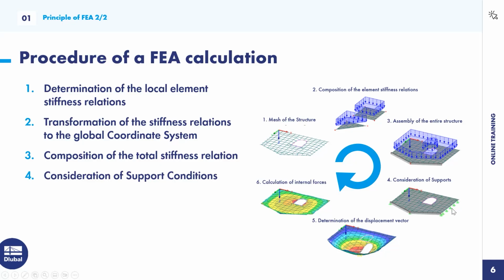And this line support is fixed in Z direction, which means the line can't move in Z direction. And that means each entry within this displacement vector, which includes the location of this line hinge, must be 0. So we will build this into our equation system.